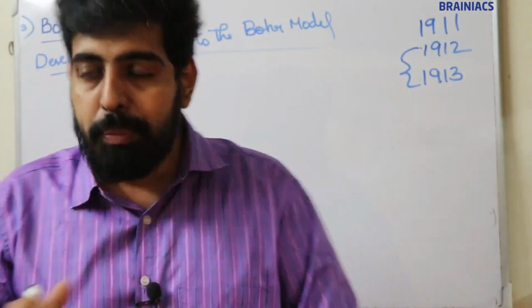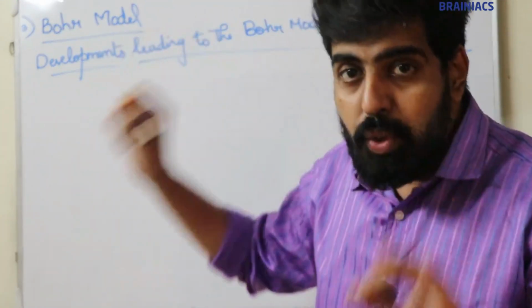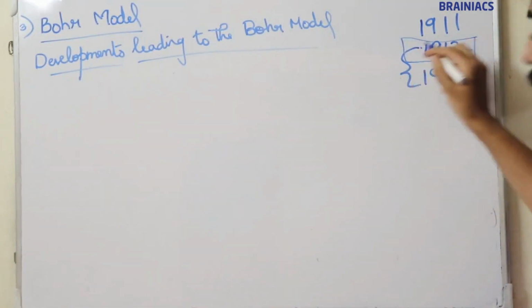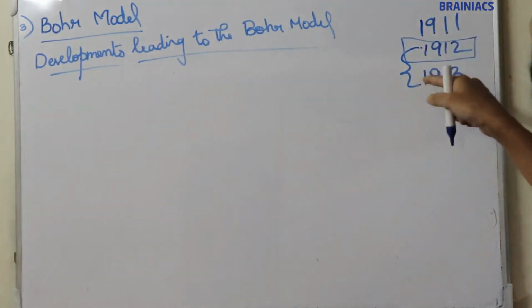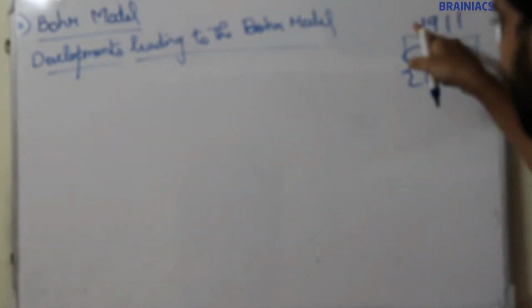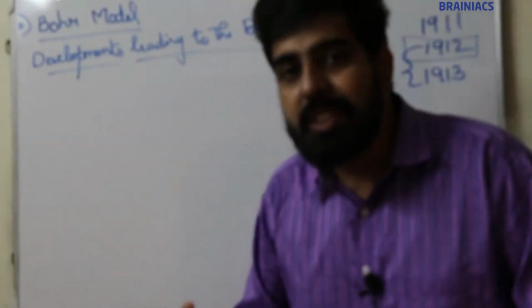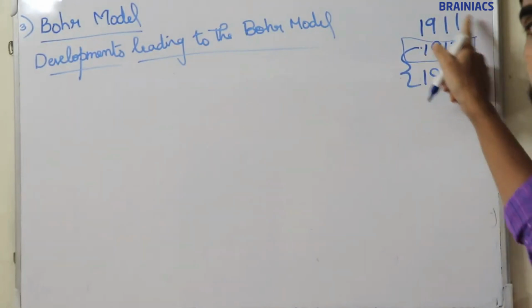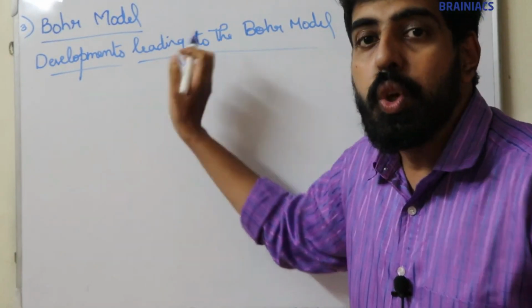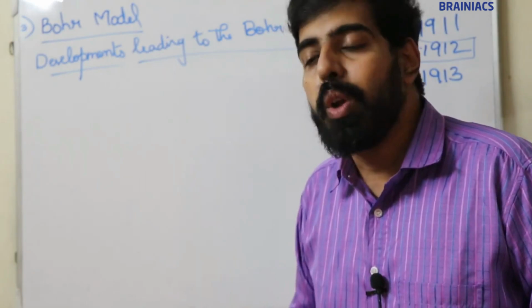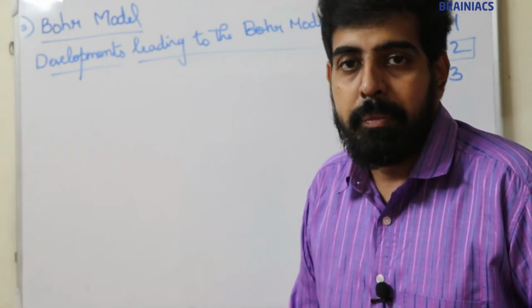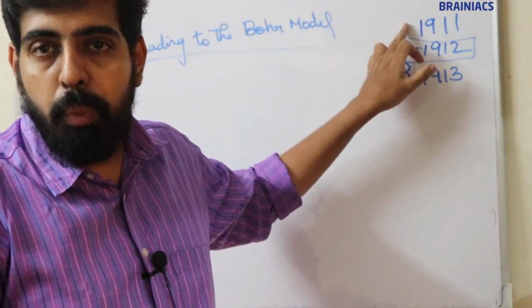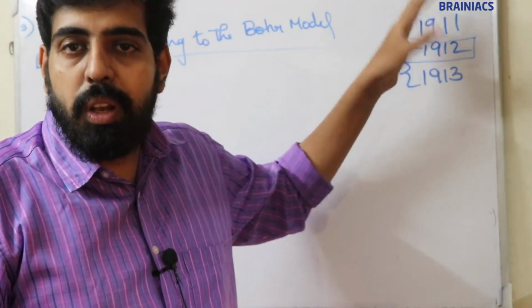So before discussing the Bohr model, we have to study the development leading to the Bohr model. What all things happened in the year 1912 which led to the formation of the Bohr model? We have to study the experimental results from 1912, and from those ideas the new model, the Bohr model of atom, was created. So in 1911 the Rutherford model was proposed, but it contains so many drawbacks.